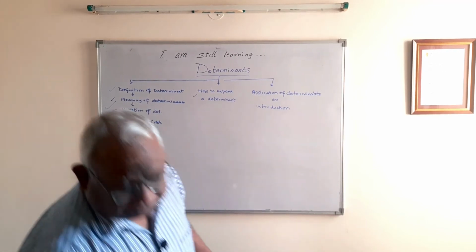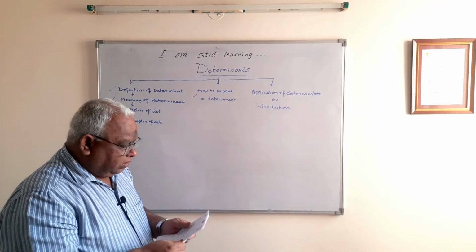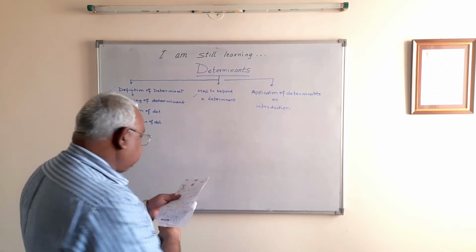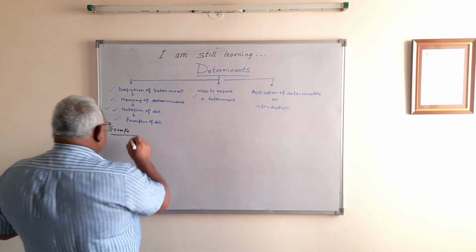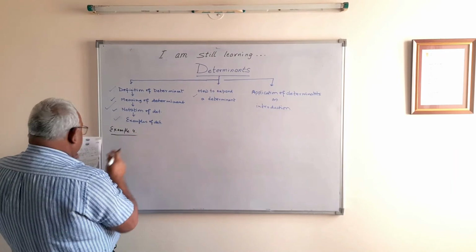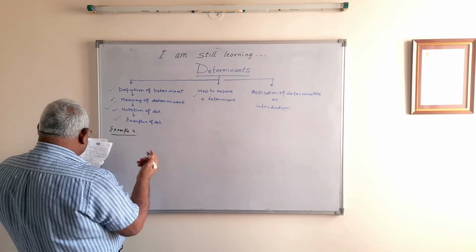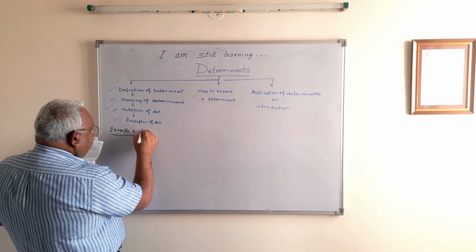Now, still a few things more. Now there is a question. I think this is example number 4. You can check it, and if it is not, you can change it. This is an MCQ problem.